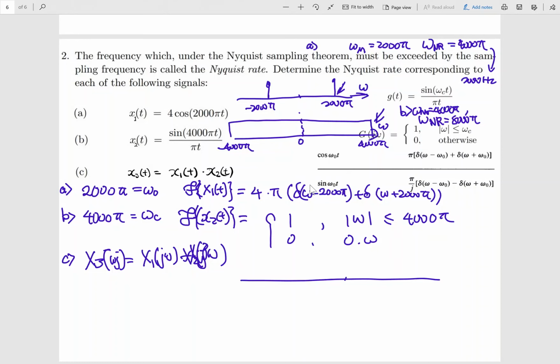So first one, if this is 0, the first one will shift to the left by minus 2000 pi. If this is the center, then it will go here by 4000 pi. So here is minus 4000 pi minus 2000 pi. And it will go here by minus 2000 pi plus 4000 pi. Right, this is one side of the signal.